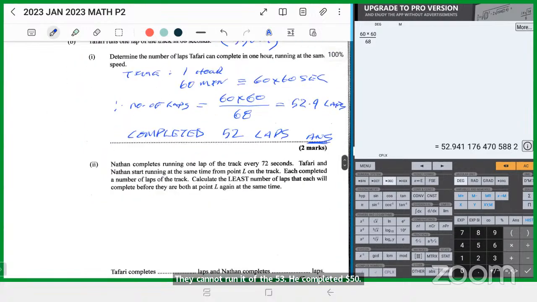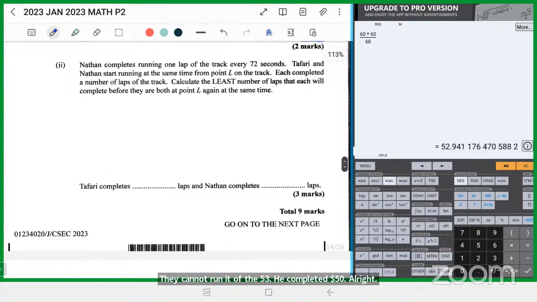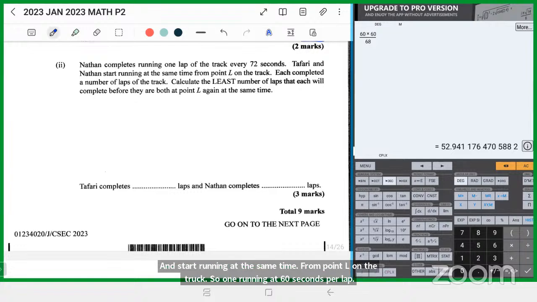Next part says, Nathan completes running 1 lap of the track every 72 seconds. So he's going slower than Tafari. It says Tafari and Nathan start running at the same time from point L on the track. So one running at 68 seconds per lap, one running at 72 seconds per lap.